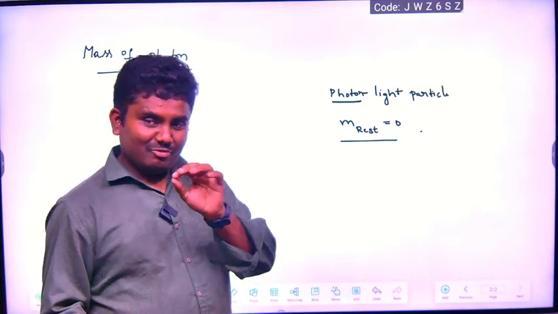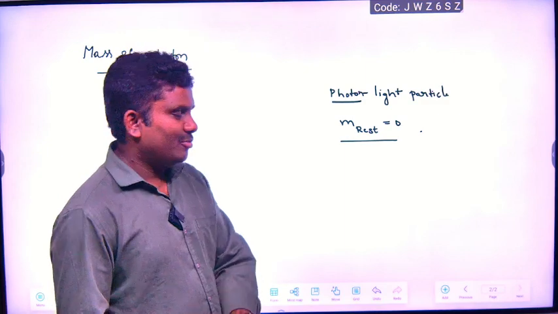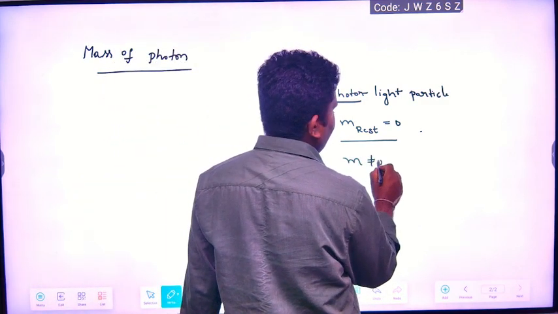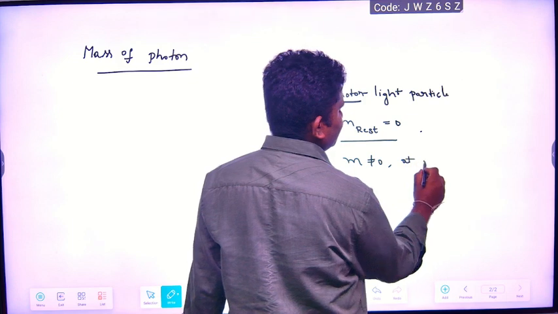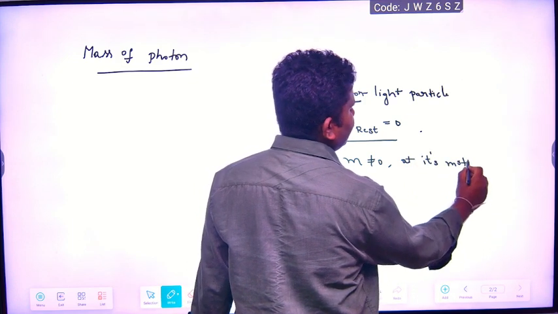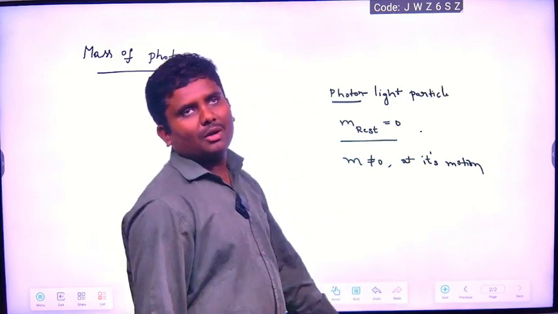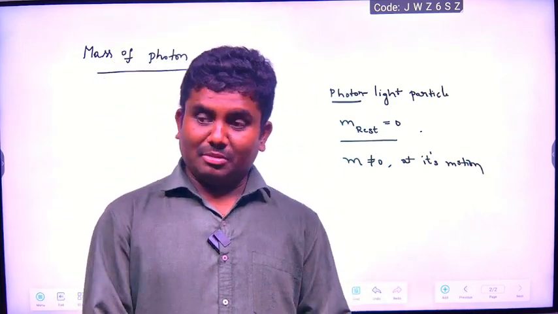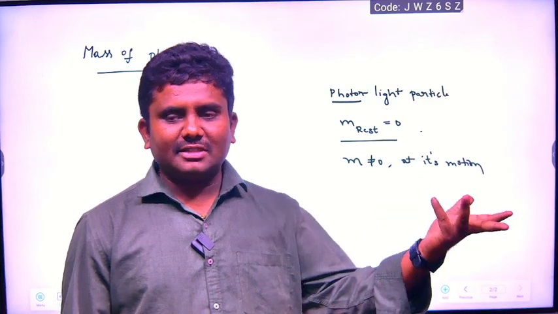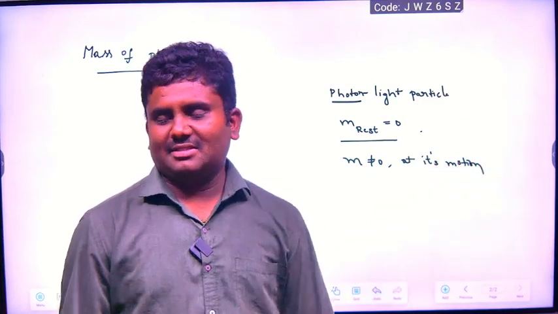When it is in movement. The mass of the photon is not 0 in motion. When it is in a moving condition, it will not have 0 mass. As the speed of the photon increases, the mass will increase.